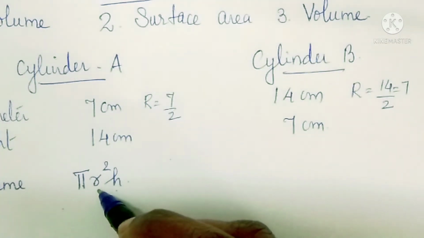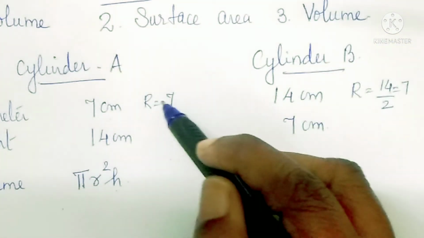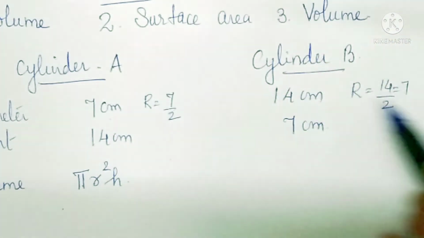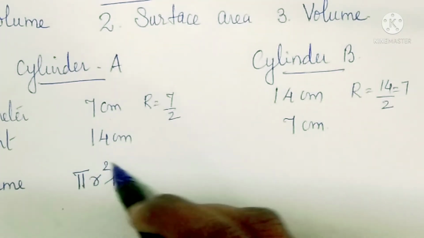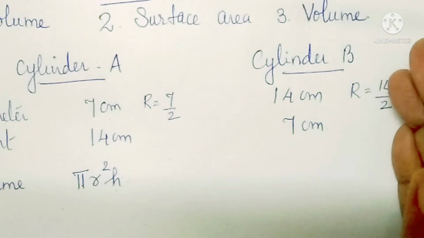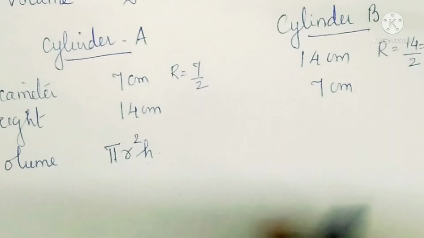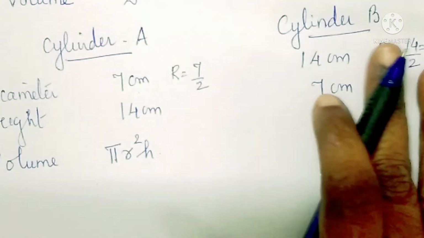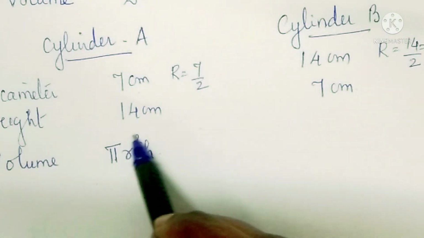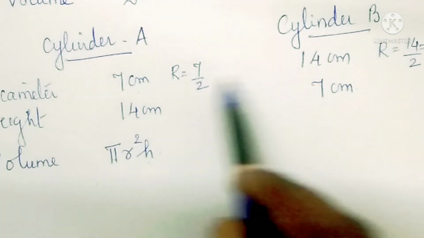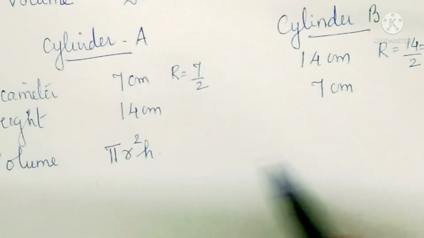Whenever you square it, it becomes more. Here this number is smaller and here this number is double. So naturally, the volume here should be larger. We first got the conclusion that here the volume will be more. Why? Because r is squared and r is double, while h is used only once, so that may not affect it that much.